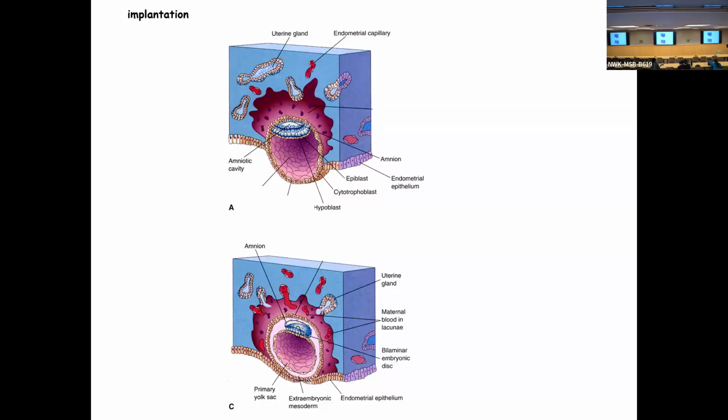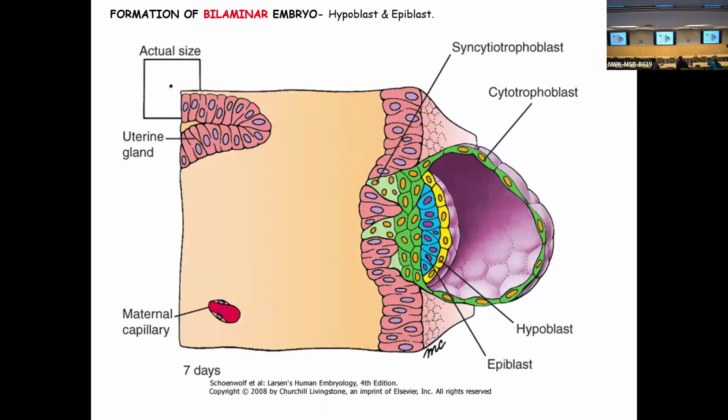And there's a mix of processes here that will end up in the development of the placenta. And this is a schematic to show you how the process of invasion takes place.